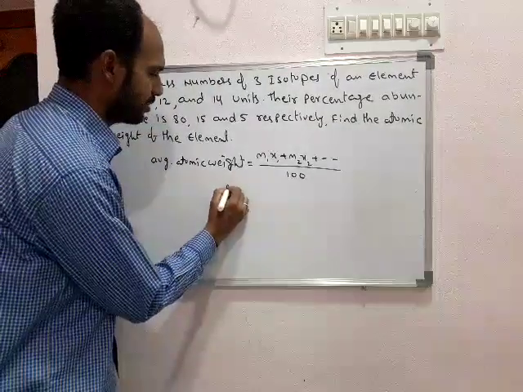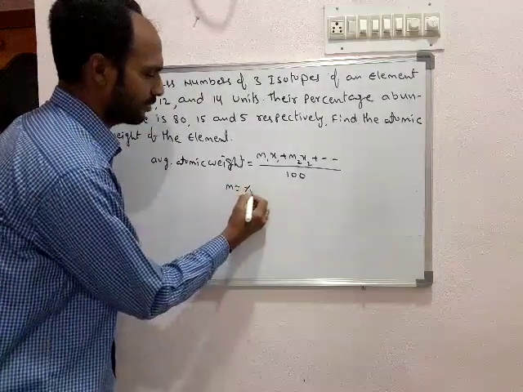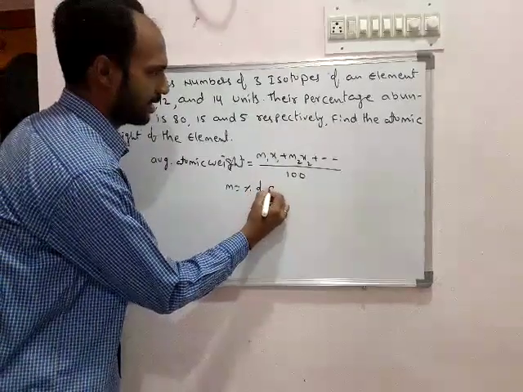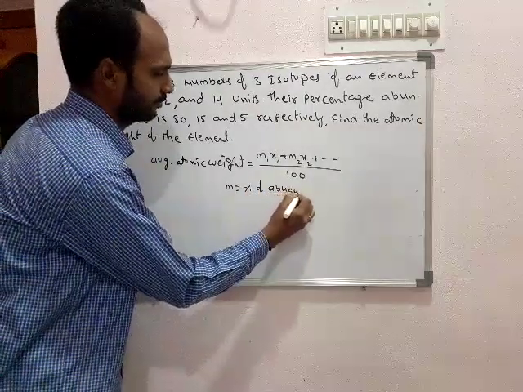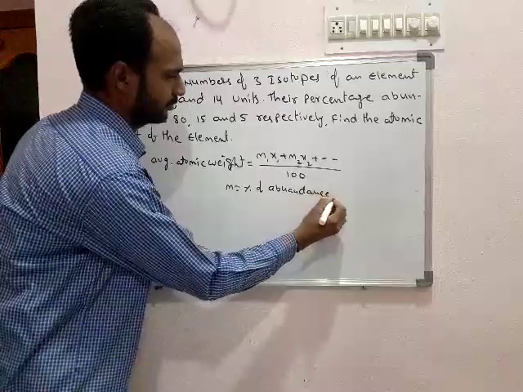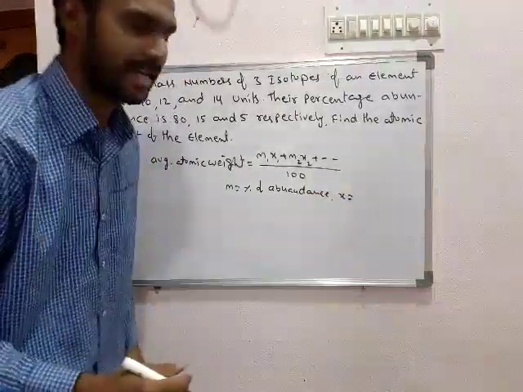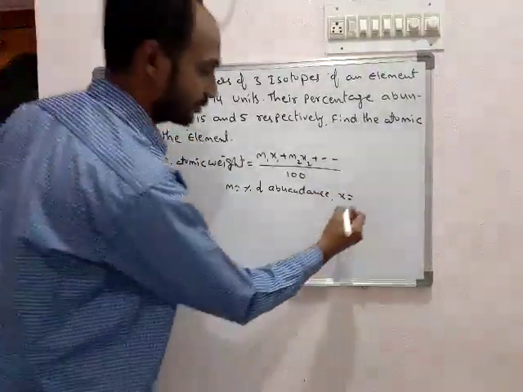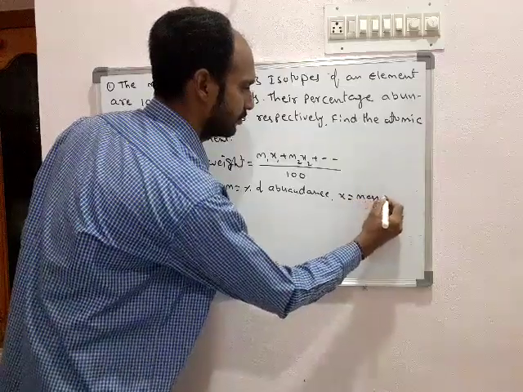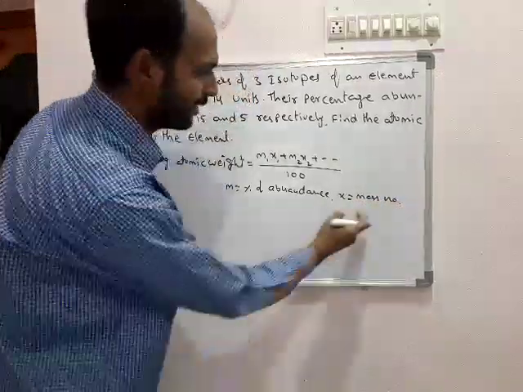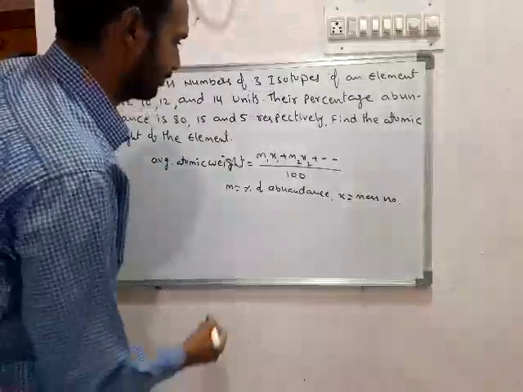Here M indicates the percentage of abundance, and x indicates the given mass number, which can be treated as the given atomic weight.